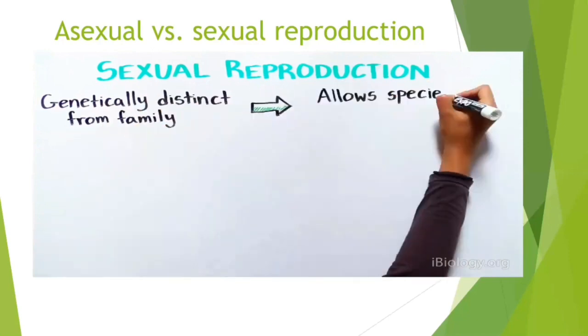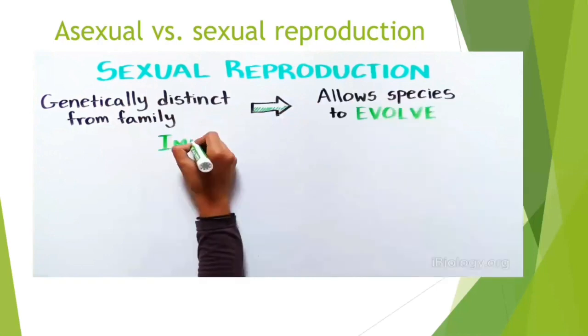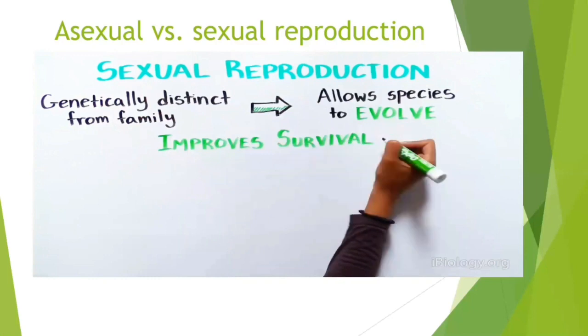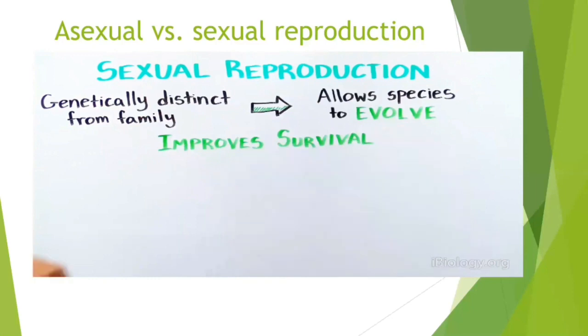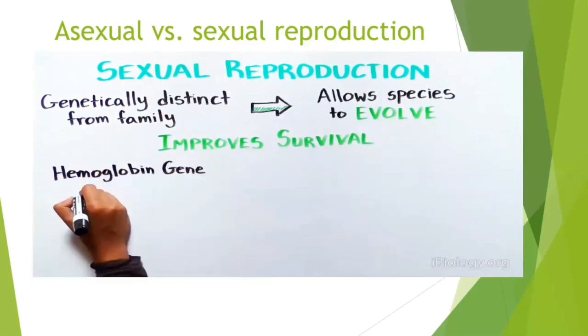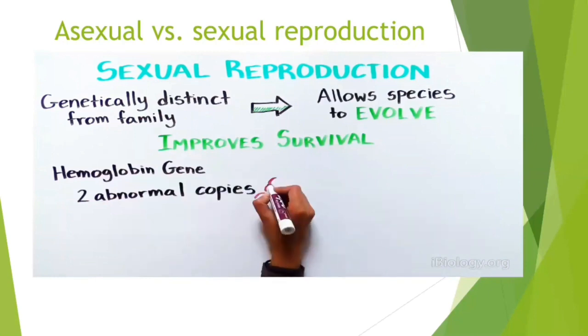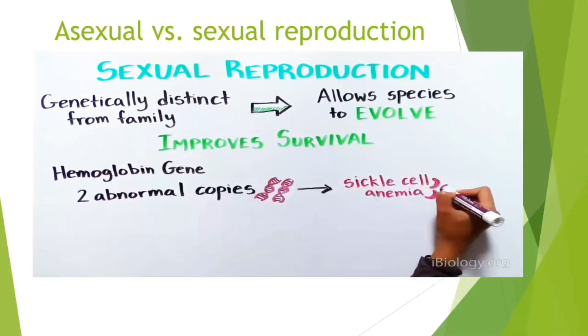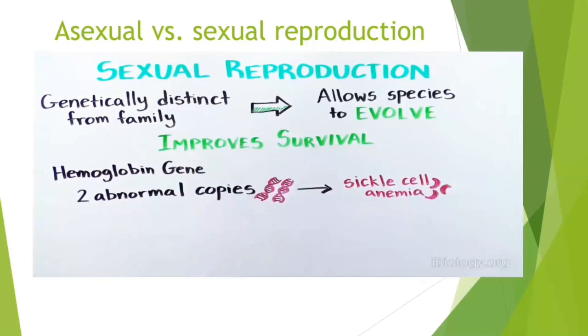This allows a species to evolve, since natural selection will favor the offspring carrying genes that improve their survival in diverse environmental conditions. For example, humans who carry two abnormal copies of the hemoglobin gene develop sickle cell anemia, a devastating disease that results in abnormally low levels of oxygen in the blood.